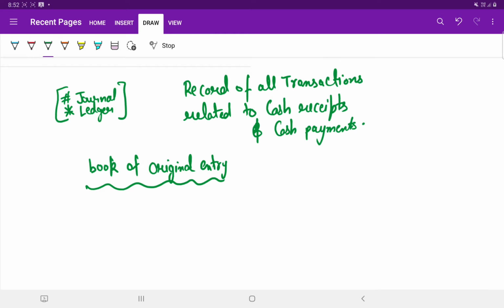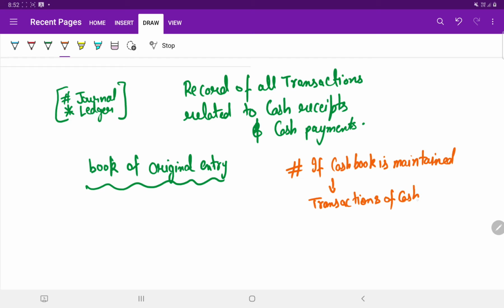When a cash book is maintained, transactions of cash are not recorded in the journal. So while maintaining this, I am writing here, if cash book is maintained, then the transactions of cash are not recorded in a journal.